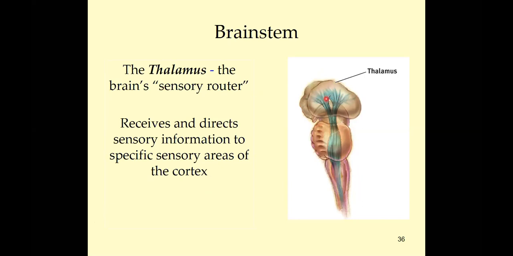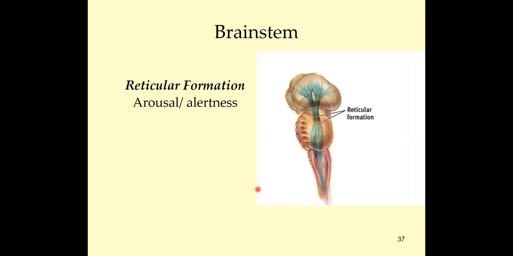And then these signals are routed to the part of the brain that processes that specific type of information. So I kind of like to think of it as the brain's post office. All the sensory information goes in here, and then once it's there, it's sent out to its ultimate destination where it's finally processed in detail, other areas of the brain.